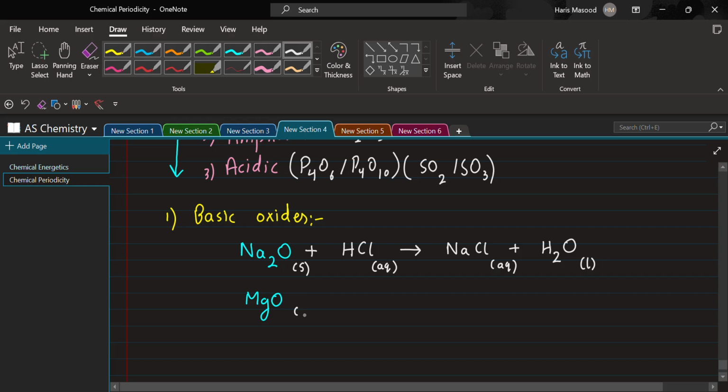Then for MgO, the same concept will be applied: MgCl2 and water again.